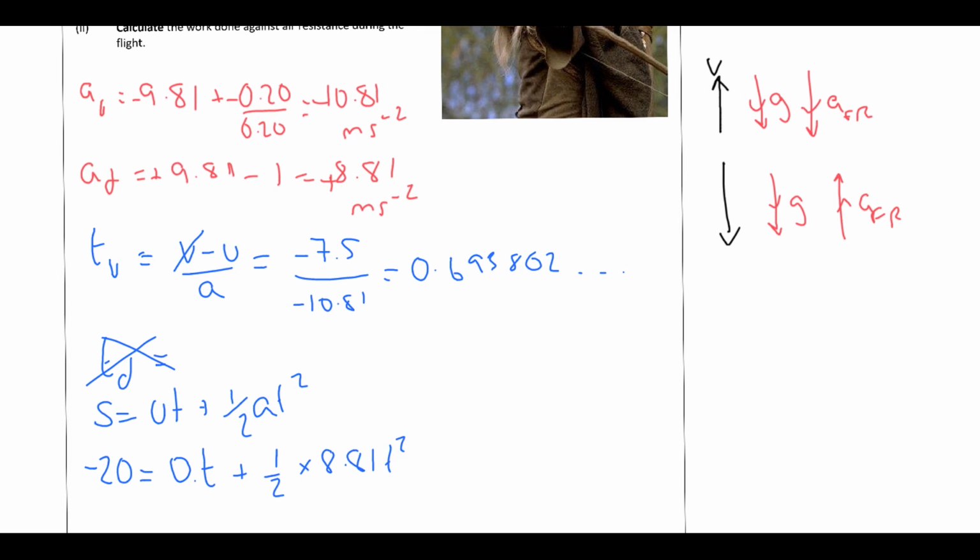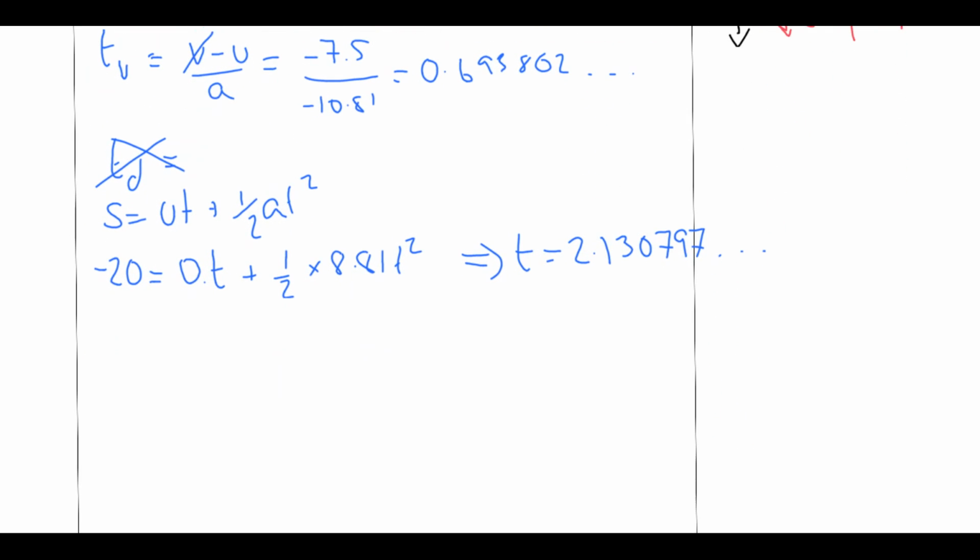When we rearrange and solve that, we get a value of t of 2.13097. So we know the total time is going to be 2.8245, by adding those two times together.